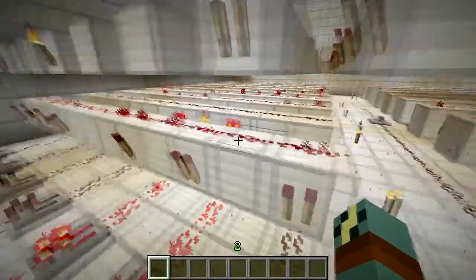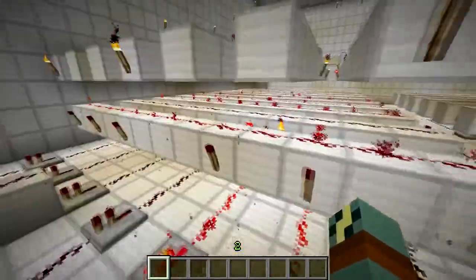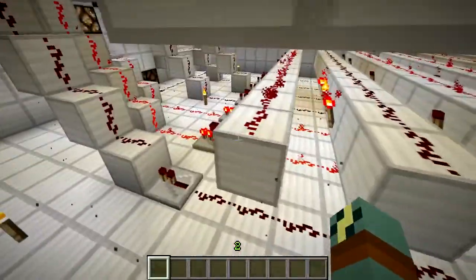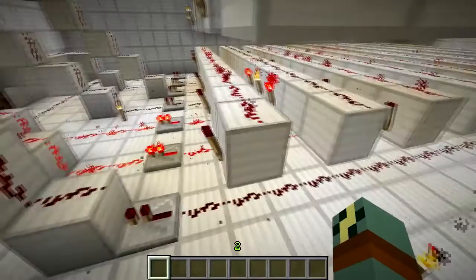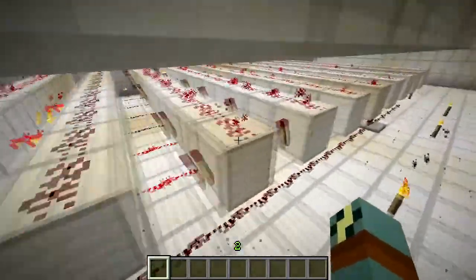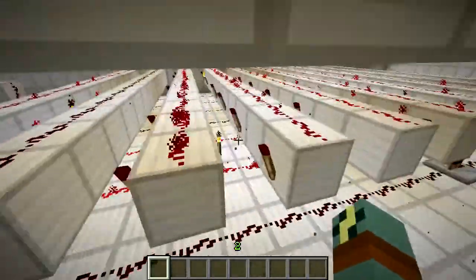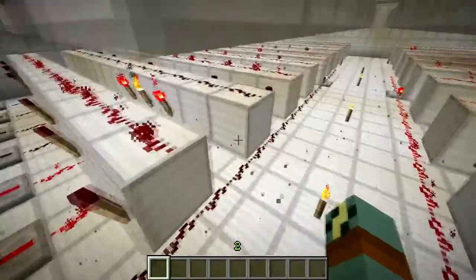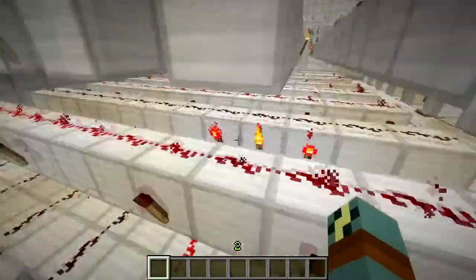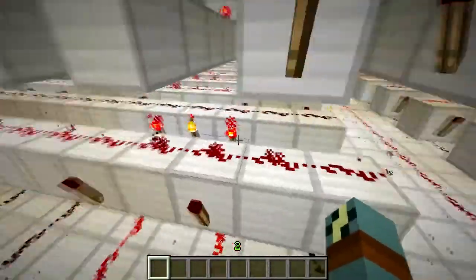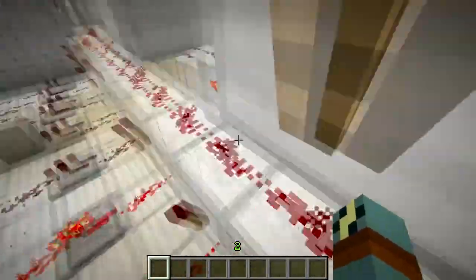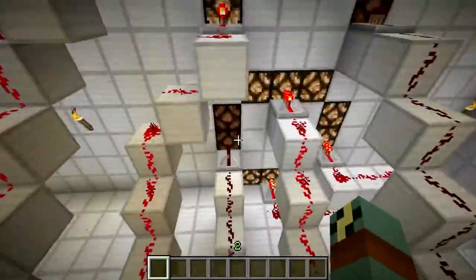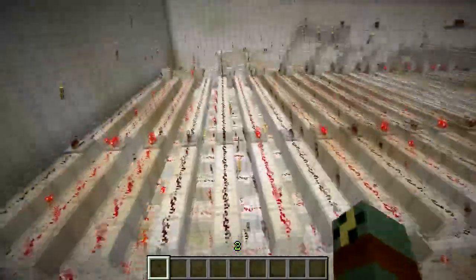What that does is it makes it so that every single one is off except for just 1. And then the torches that are on the line that dictates 1 correspond to the 2 parts of the display that would be 1. It just switched to 200. So that's how the whole thing works.